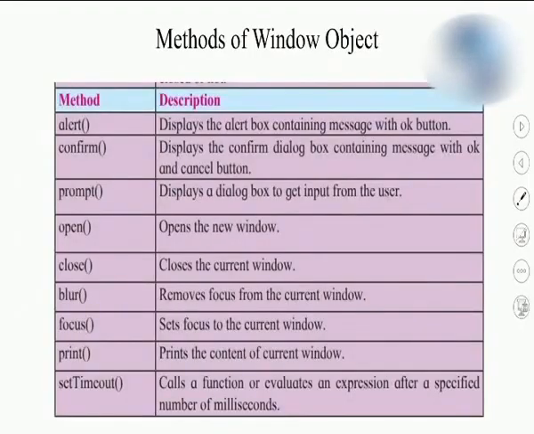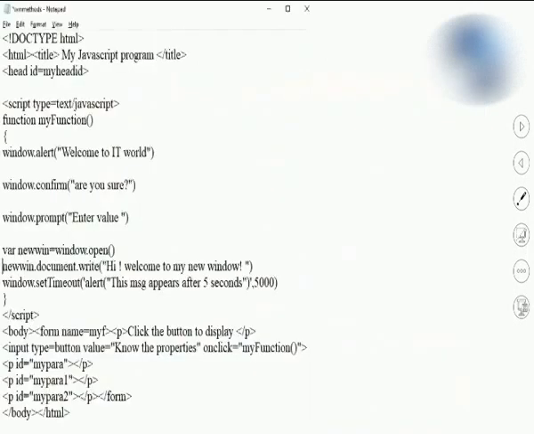So what are the methods of the window object? These are the methods of the window object: alert, confirm, prompt, open, close, blur, focus and print. Let us learn the methods by using a demo. Here is a program which shows you how alert, confirm and prompt work. Observe here I have mentioned a button, and if I click on this button, my function is going to execute.